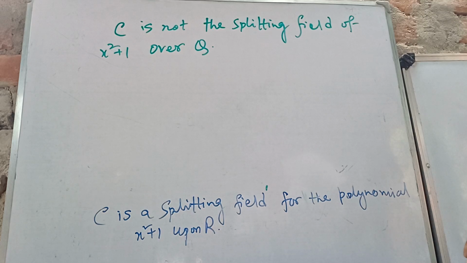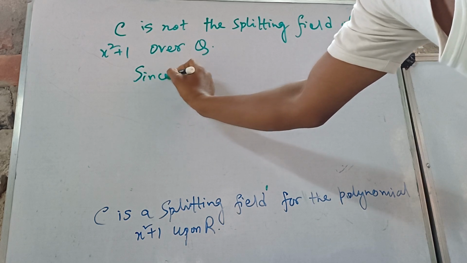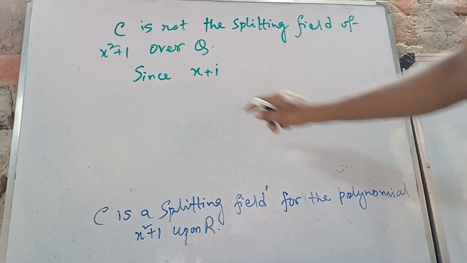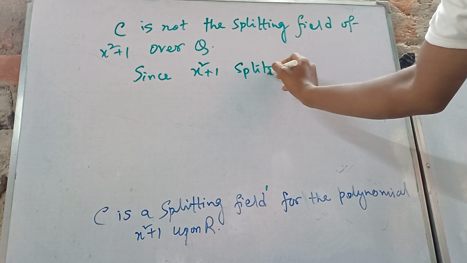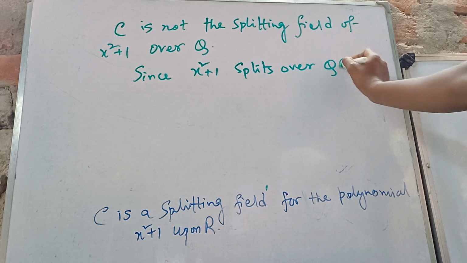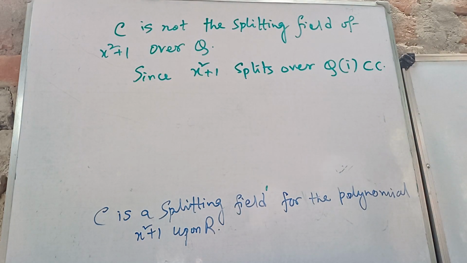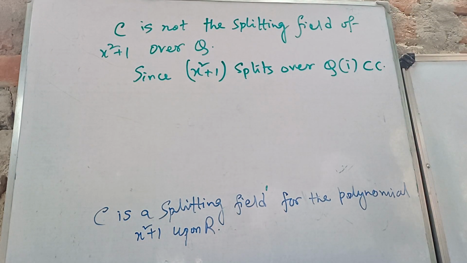Okay, why in this way? Since x square plus 1 splits over Q(i), which is a subset of C, that means x square plus 1 also splits over Q(i).